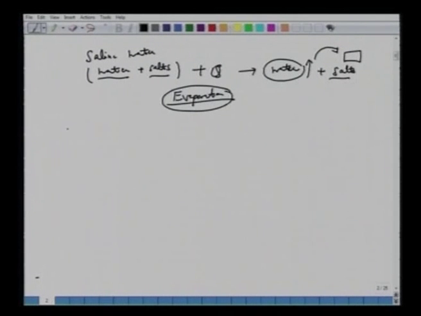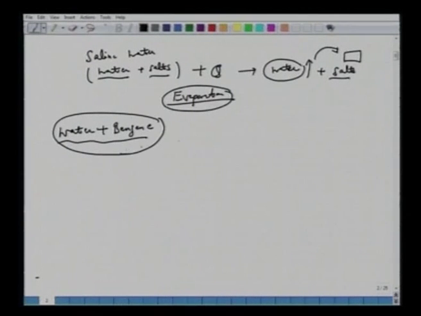Okay, similarly let's take water and say we have benzene. Now it's possible that we bring this water and benzene into contact with some solid, let's say charcoal.